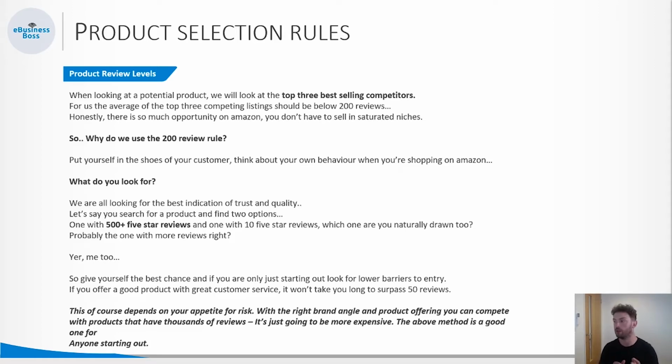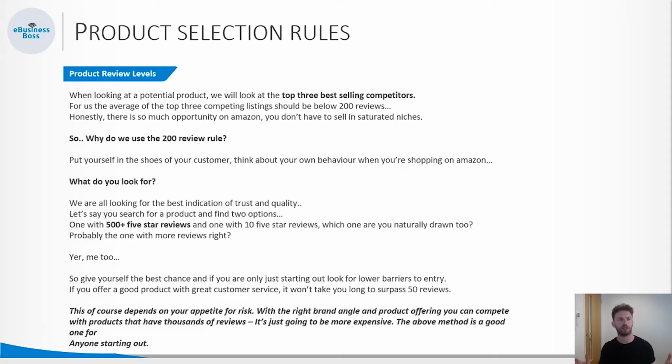Now, in the course, we actually give you access to that spreadsheet, okay? But you don't need it. You can just watch this video, take a load of free information, and probably find a very good product quite quickly. So, for the average of these top 3 competing listings, we want really the average to be below 200 reviews, okay? There's so much opportunity on Amazon, you don't have to sell in saturated niches.